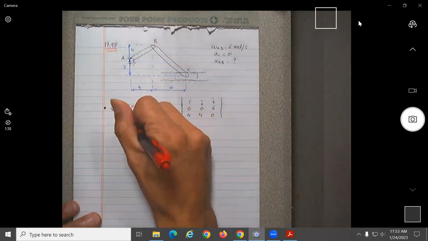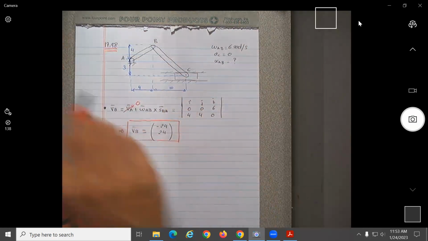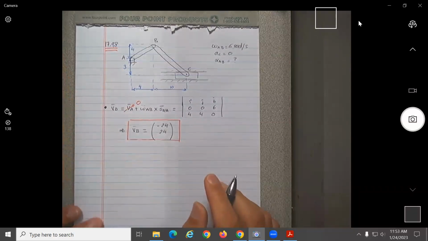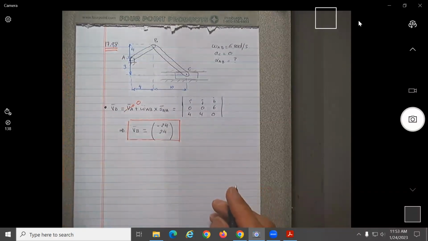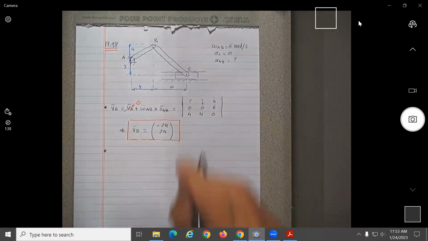Okay, so now we always try to find the velocity of one point from two different locations. So there are not 3 points, but what do we know about the velocity of C?